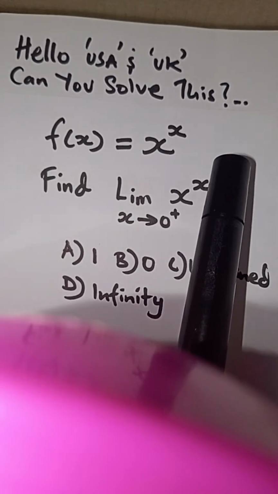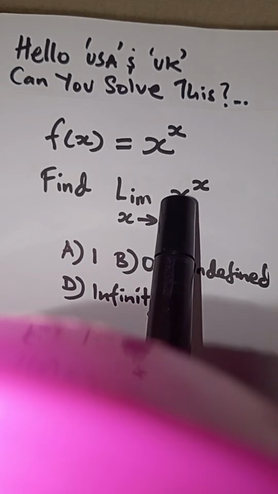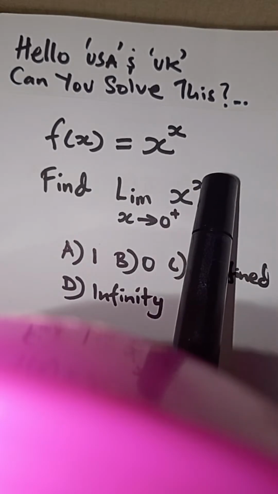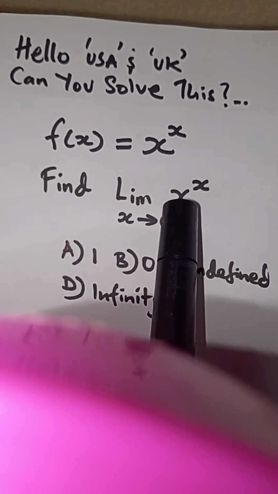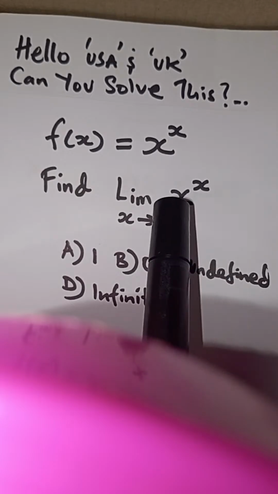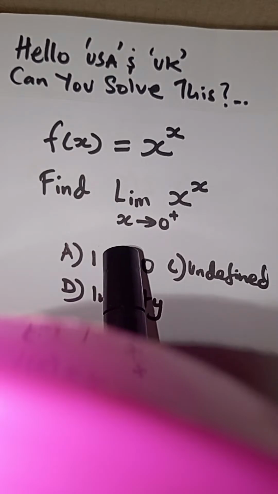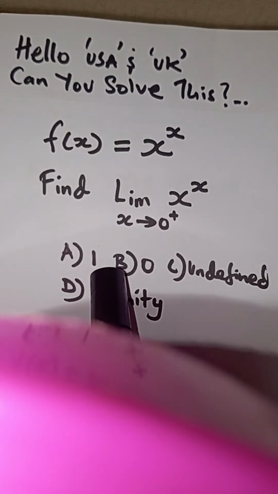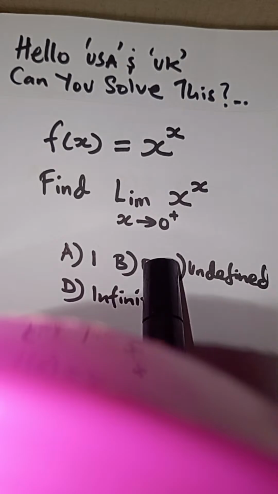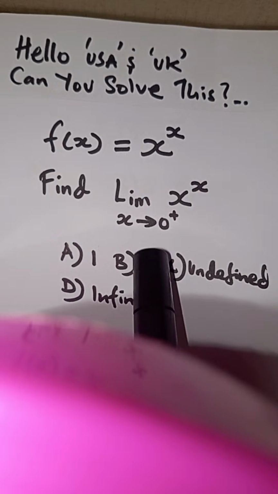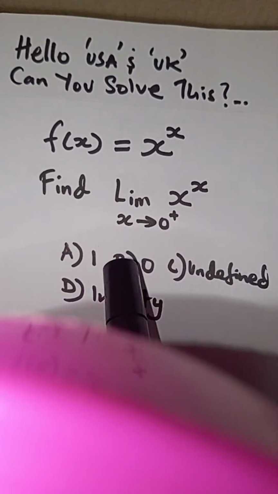So this one is the power, this is the base. So you have a variety of solutions: A is 1, B is 0. You can either get the output as 0 or undefined or infinity.